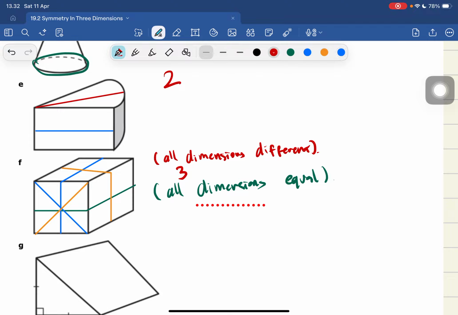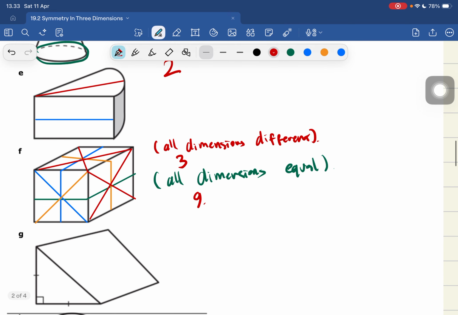The next we can make it 6, 7, cut it from up, 8, and 9. If this is a cube, it's going to be 9.